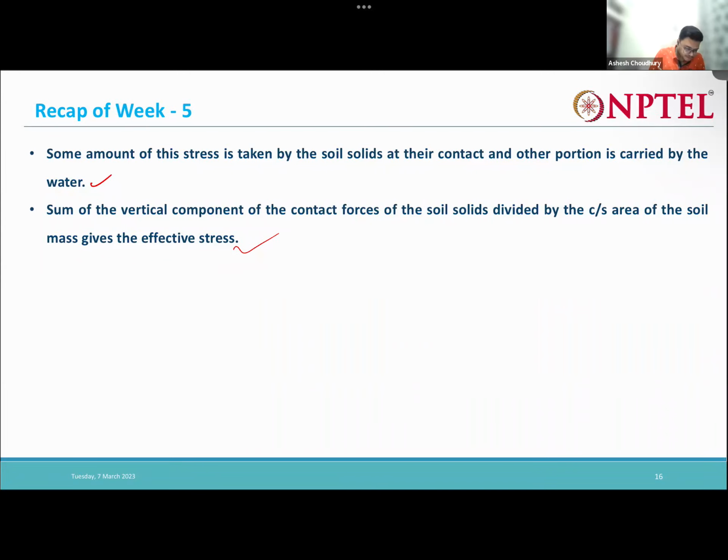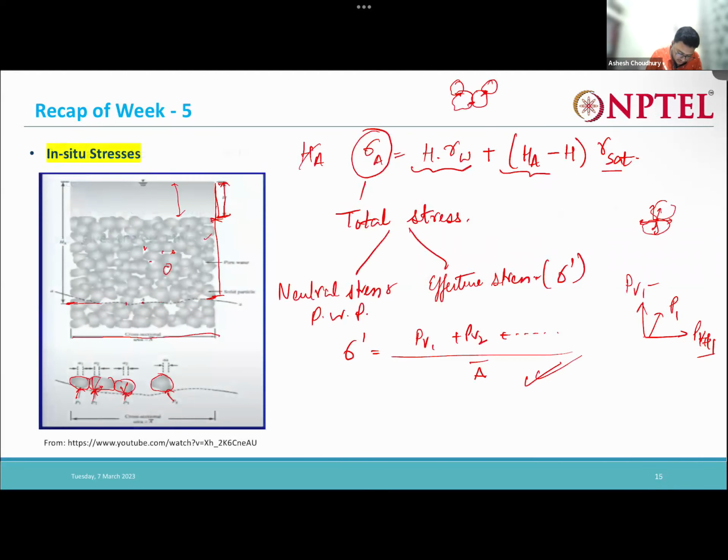Now say, if AS is the cross-sectional area occupied by solid to solid contacts. Okay, so this is the cross-sectional area that is occupied by the solid to solid contacts. This is the total cross-sectional area, that is A bar.